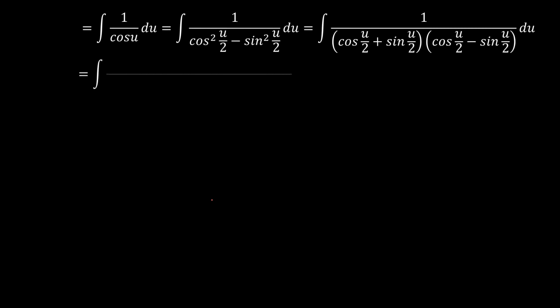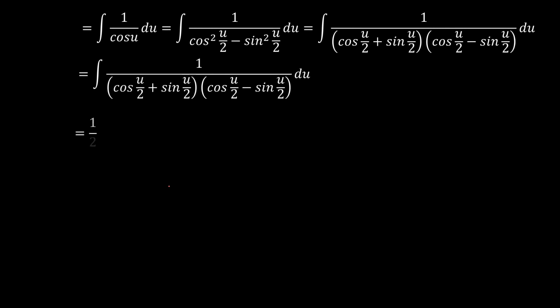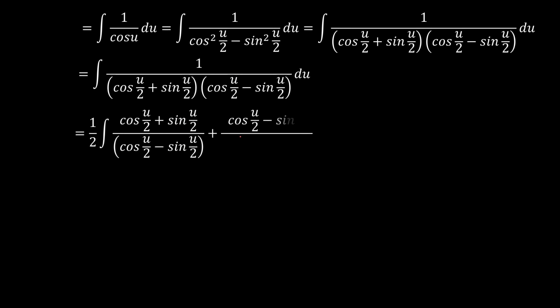Now we can actually separate this into partial fractions, in a way that this is the same as cosine u over 2 plus sine u over 2 over cosine u over 2 minus sine u over 2, plus cosine u over 2 minus sine u over 2 over cosine u over 2 plus sine u over 2. And it's easy to prove that.